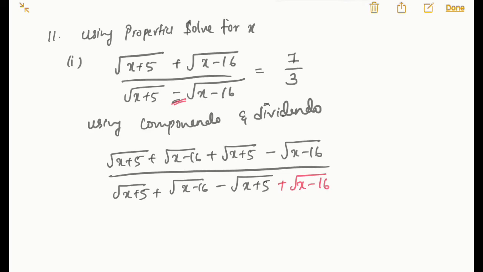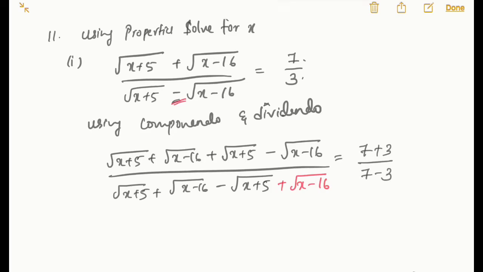Plus root of x minus 16. Okay. That's equal to, what becomes the other side? Both the sides you are applying the componendo and dividendo. So here this will be your a and this is your b. So you will get 7 plus 3 by 7 minus 3.